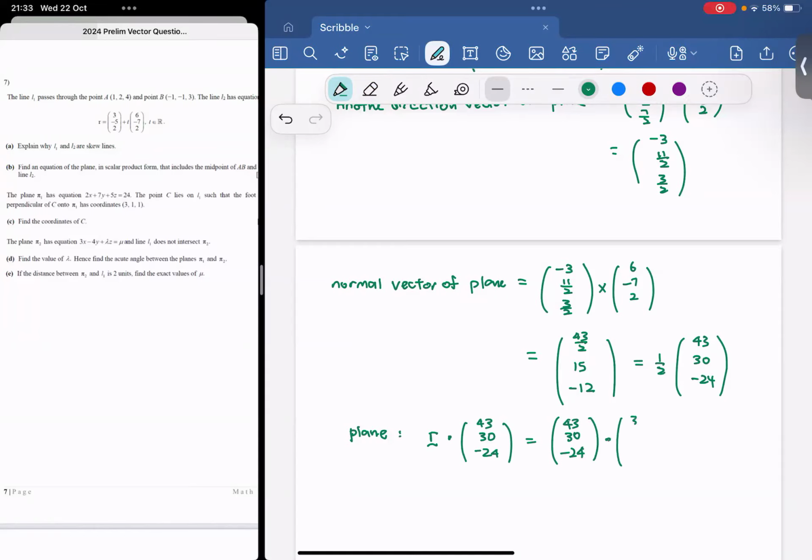The easier point is (3, -5, 2). 129 minus 150 minus 48, equals -69.